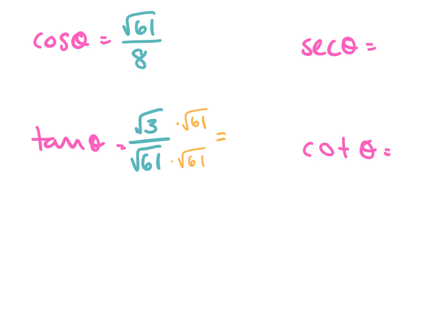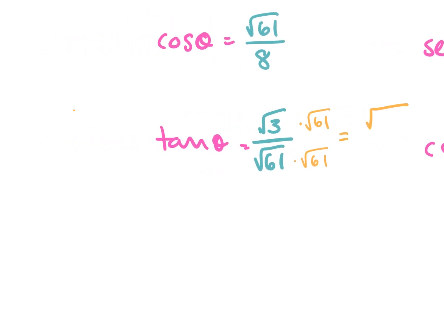So we can actually combine these together under the same square root, but we just have to multiply the 2 numbers together. So we have 61 times 3, which would be 183. Always make sure we can't simplify this square root, so we just leave it the way it is. And then this would be over, what's our new denominator? 61.